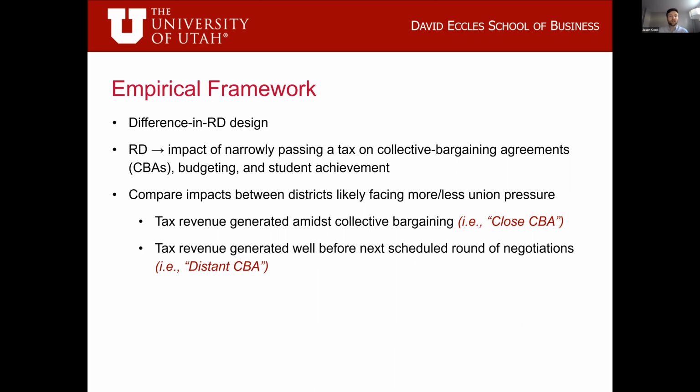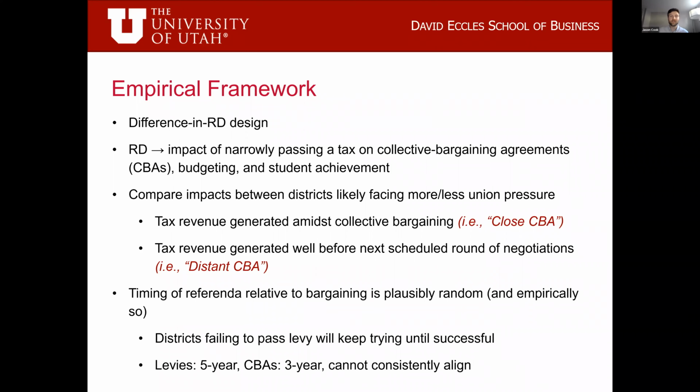And if you collect your tax revenue well before your next scheduled round of negotiations, we'll call you a distant CBA. And so the key thing here is that the timing of the referenda relative to the bargaining needs to be random. Otherwise, we're going to be selecting on an endogenous sample, and everything wouldn't be as credible.